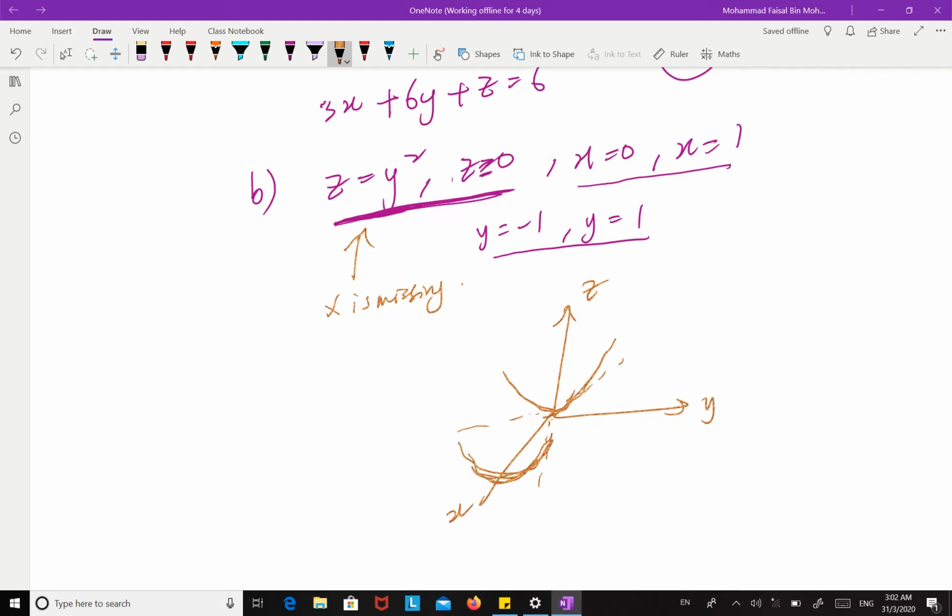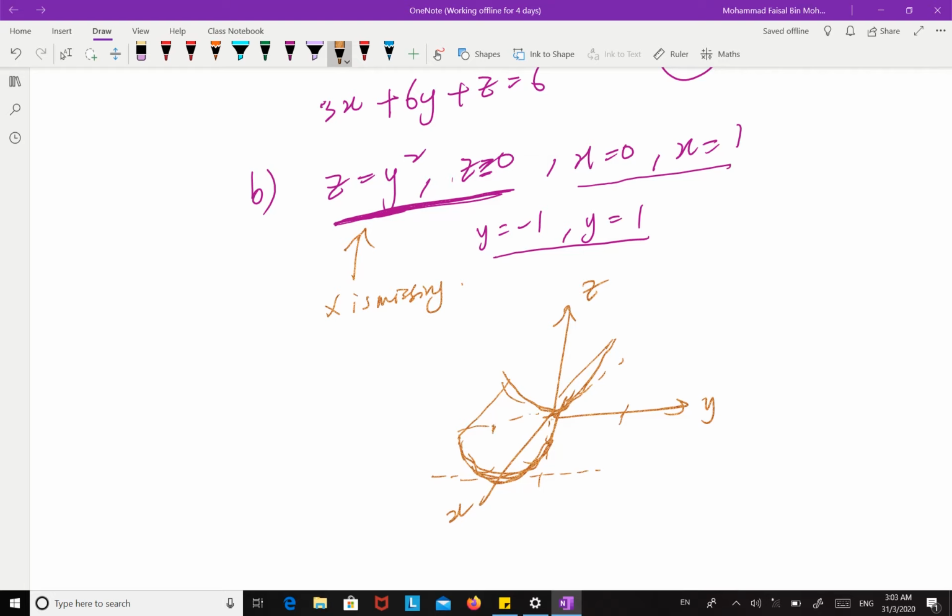Okay, so you can draw a longer one. Then you have X equals to 1 and X equals to 0. So X0 is here. So let me put X equals to 1 is here. Okay, Y equals to 1. Here, Y is -1.